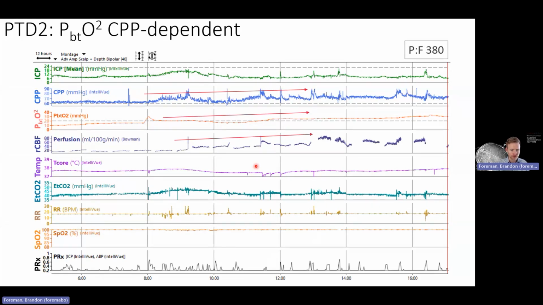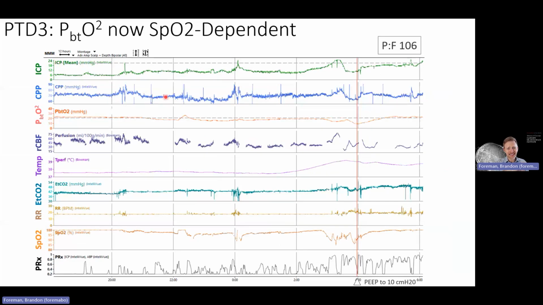We need the extra perfusion, the extra pressure, and the extra flow to overcome the microvascular injury that's leading to that hypoxia. So when you saturate your hemoglobin 100%, then you have to focus on whether it's a perfusion problem. And in this case, the brain tissue hypoxia resolves as our CPP improves with the administration of vasopressors.